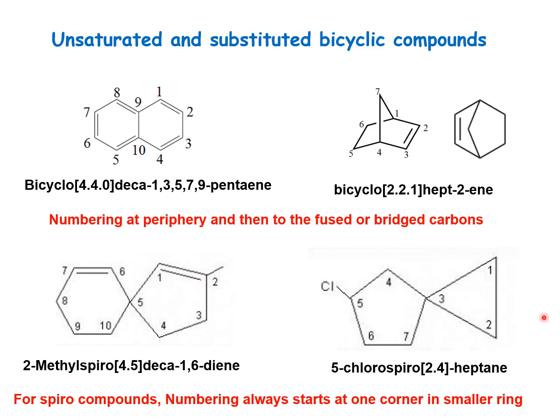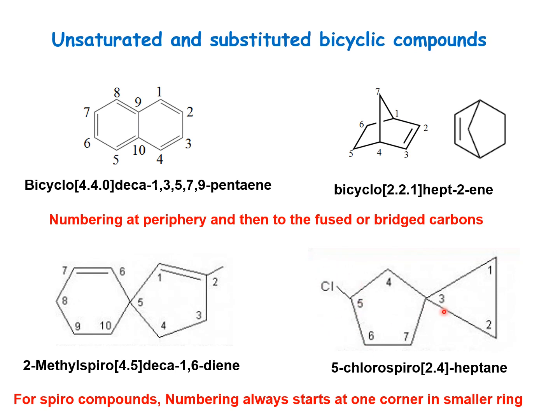So in this simplest case, we have 3 plus 5. So numbering will start from one corner. You can either start from here or from here because there is no substitution over here. So 1, 2, then it will come to the spiro point, then it will cross. 4, 5. We will not give 4 number over here and 5 here because chlorine is the substitution.